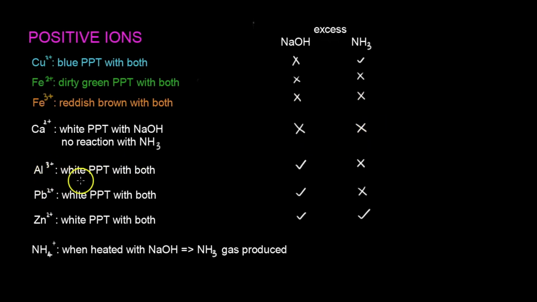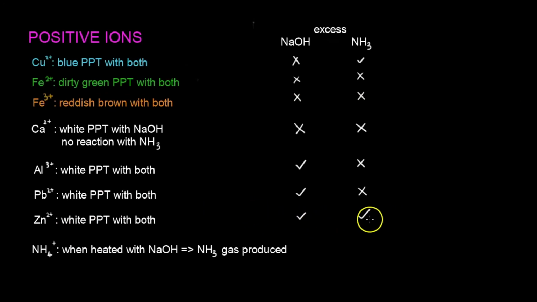They both form a white precipitate with both NaOH and NH3, and they both dissolve in excess NaOH, but cannot dissolve in excess NH3. Zinc forms a white solid with both NaOH and NH3, and can dissolve in both excess NaOH and excess NH3.